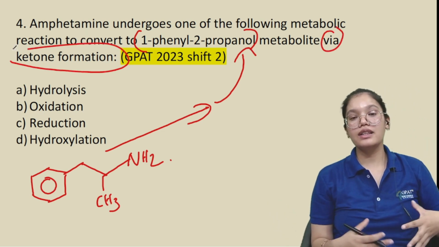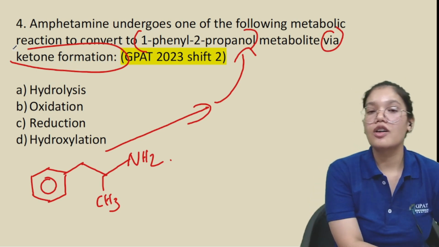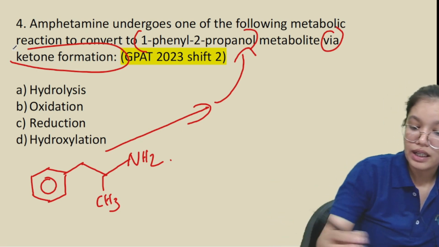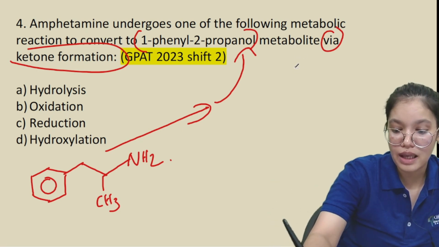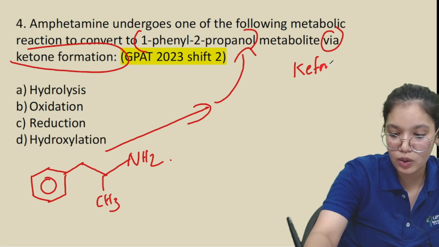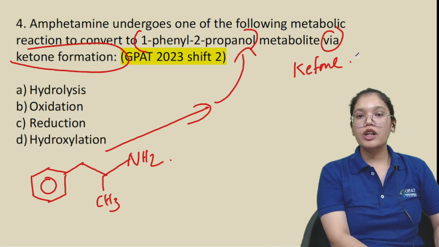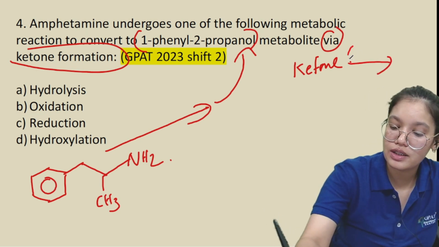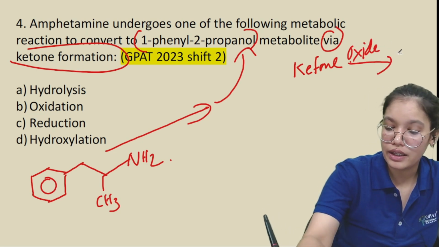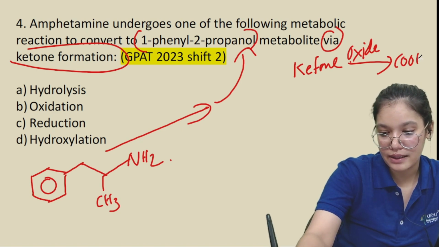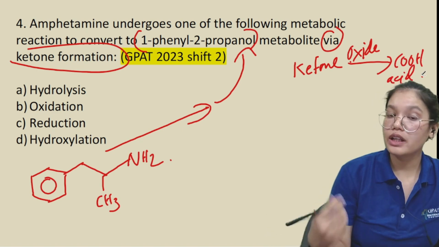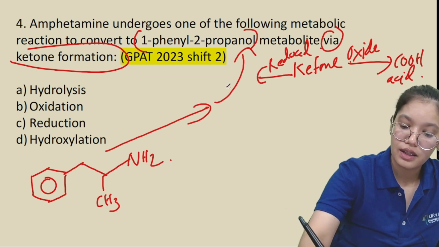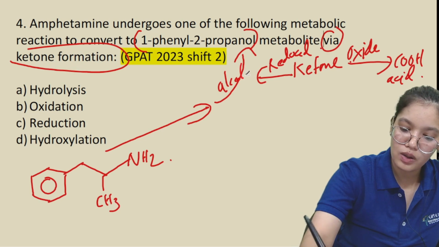So the answer is hidden in the question only. It follows a simple basic rule of chemistry. Here they are saying that the metabolism is happening through a ketone; the ketone is an intermediate here. We already know that a ketone, whenever it is oxidized, gives an acid, and whenever a ketone is reduced, it gives an alcohol.